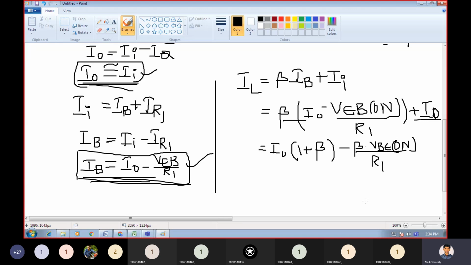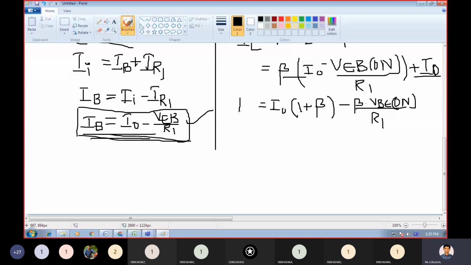For boosting the IC regulator output current, assume that the maximum current value is equal to 1 amp for the 7805.